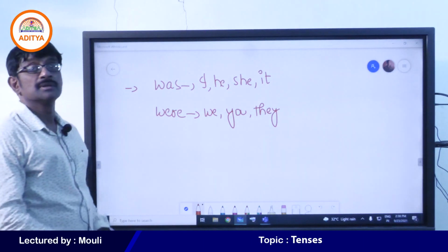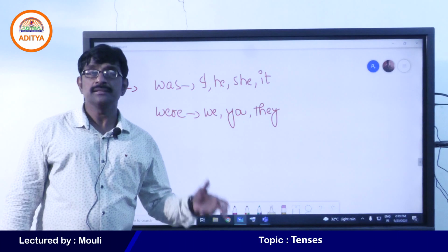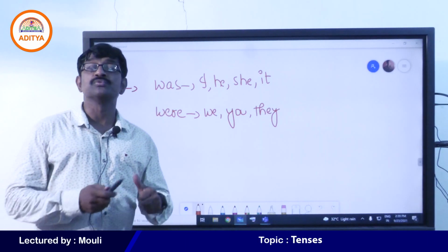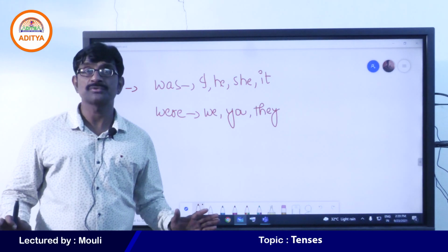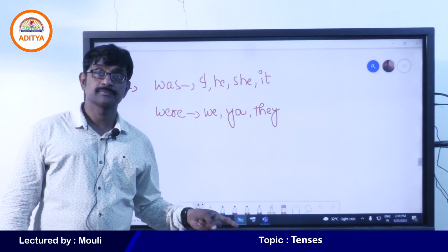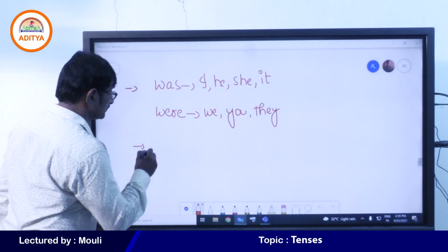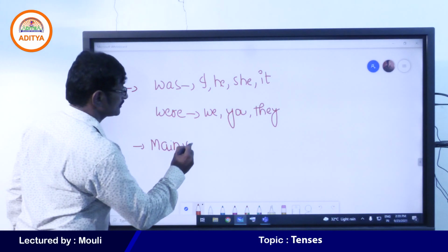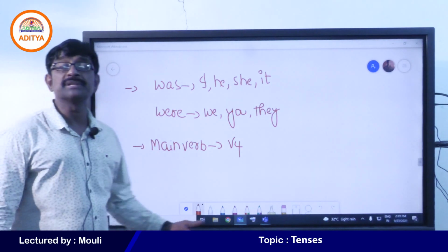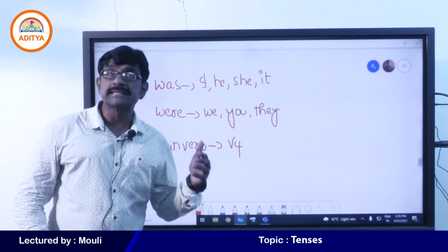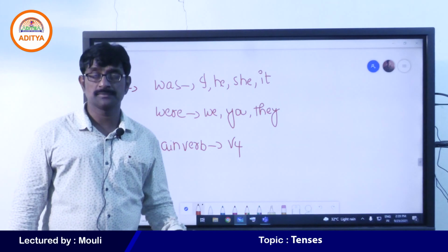That's it. Okay, students, we use was and were in this way in past continuous, and the main verb is V4. V4 is the main verb here. This goes on, students.